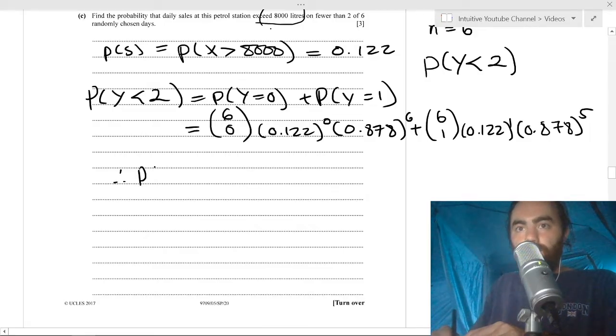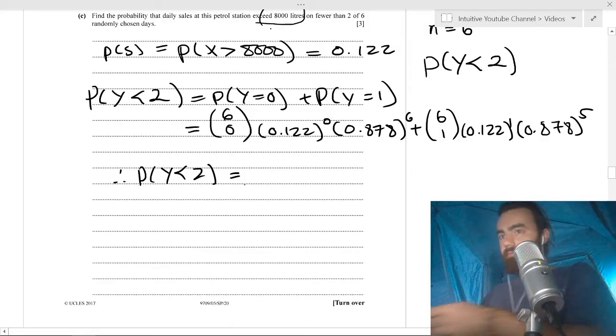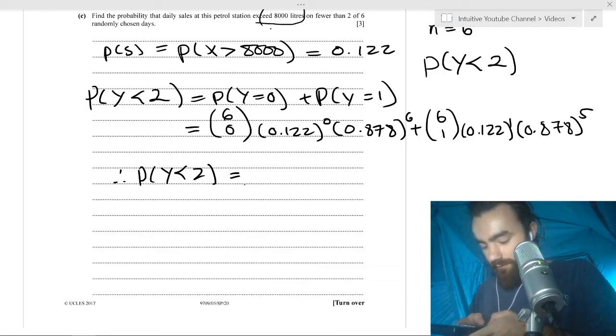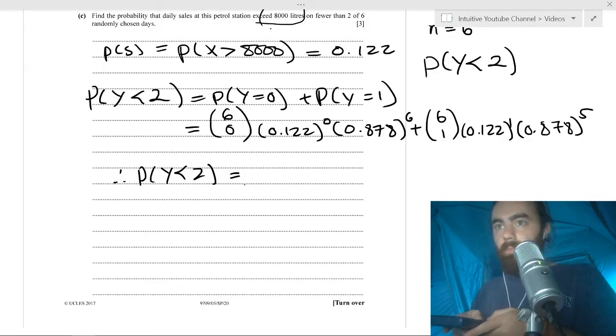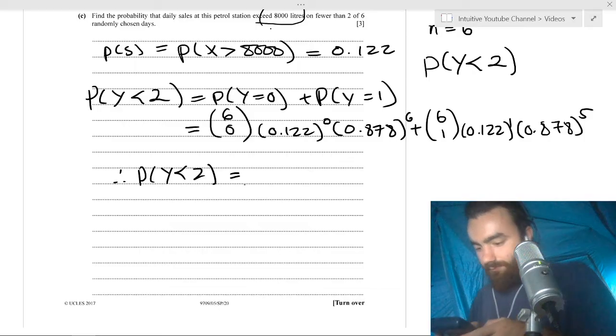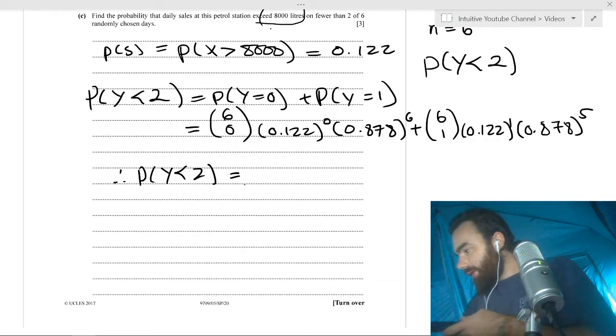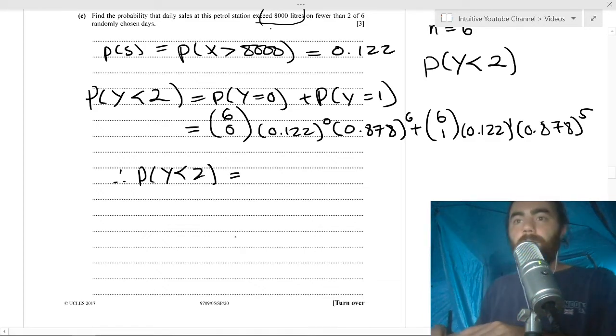So therefore, put that in your calculator: 0.878 to the power of 5 times 0.122 times 6, plus the first term, is 0.840.